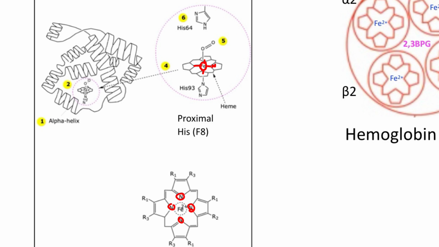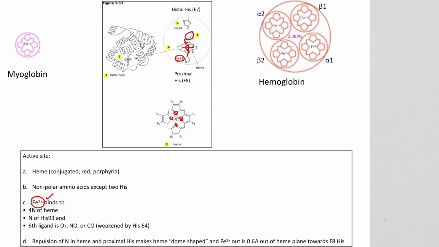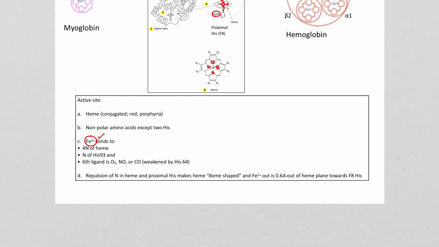At the same time, the iron can bind the nitrogen of histidine 93. And also, most importantly, this is where oxygen binds. Oxygen binds to the iron atom. So besides oxygen, we could also sometimes see nitric oxide binding to the iron atom or even carbon monoxide.